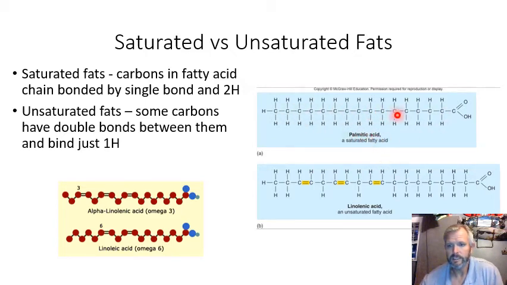Do you see any double bonds along this chain of carbons? No, they're all single bonds between the carbons. That means it's saturated. In an unsaturated fat, what do you see? You see double bonds between these carbons.